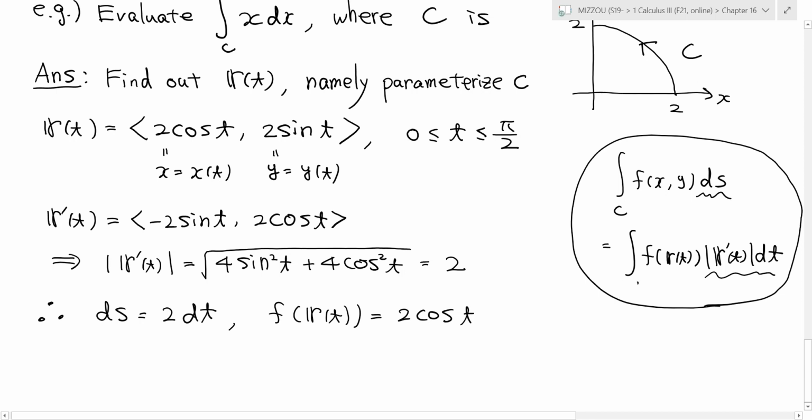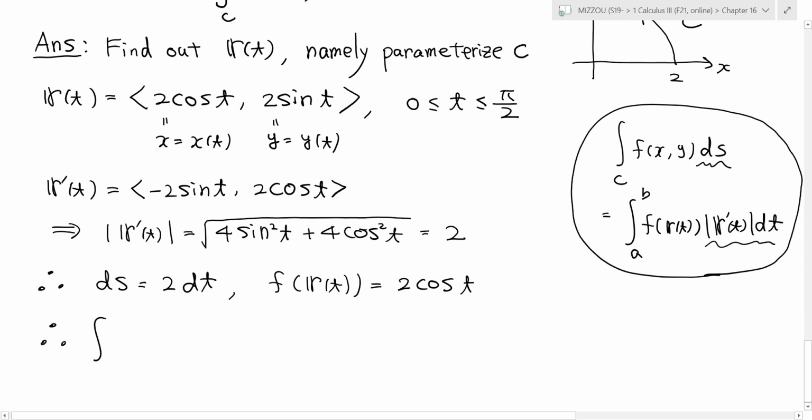But limits are, I forgot to mention this, from a to b. In this case, a is 0 and b is 2 pi. So therefore, the line integral you want to compute is the integral of 2 cosine t times 2 dt.